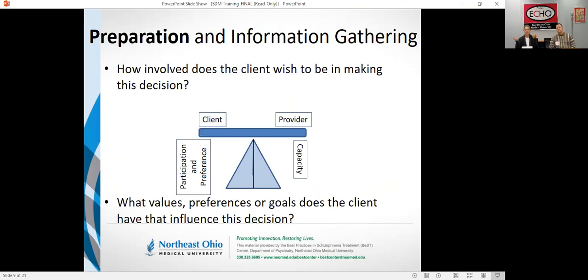It does have both the healthcare provider and the client or patient on the level. Participation and preference is a part of it, especially with mental health. Capacity may be a part as well. If there are individuals who may have developmental disabilities, intellectual disabilities, if they have other mental health conditions or other conditions that may impair their decision making, then they may not have full capacity to make some of those decisions.